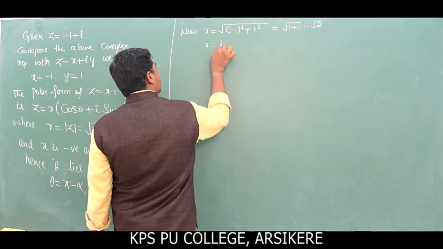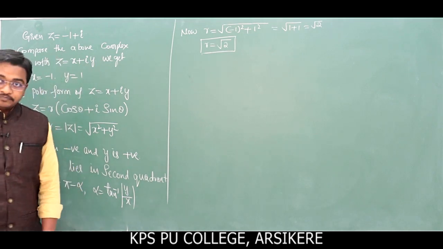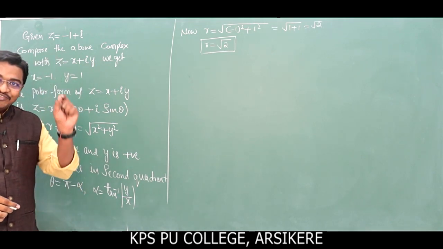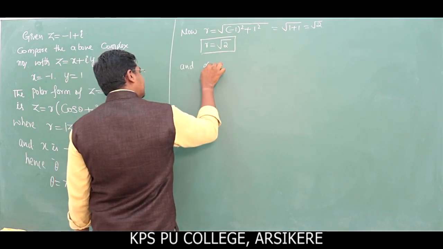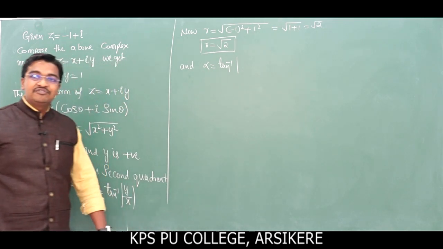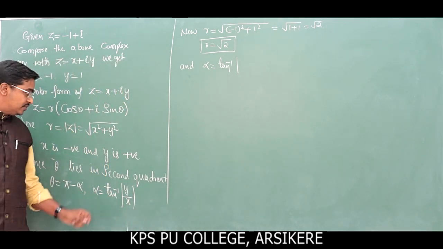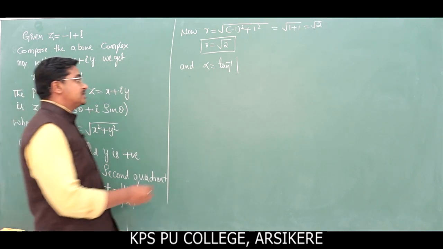Therefore r is equal to square root of 2. And we need to find theta, right? And alpha is equal to tan inverse of modulus of y divided by x. What is y? 1, and x is minus 1.